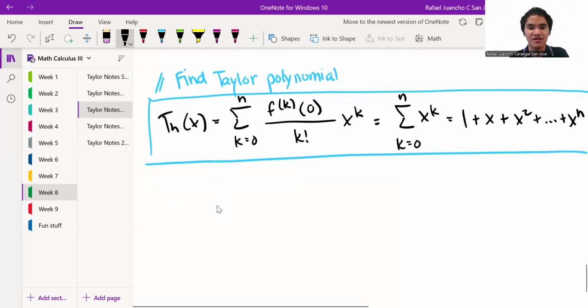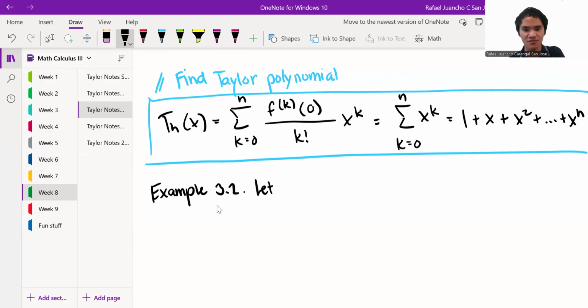Okay, I'm not gonna dive deep into it. I feel like I'll do more variations of this, maybe get the idea. Okay, one more example, and then we should be good to go. So 3.2. Here we let our function be e to the x, right?